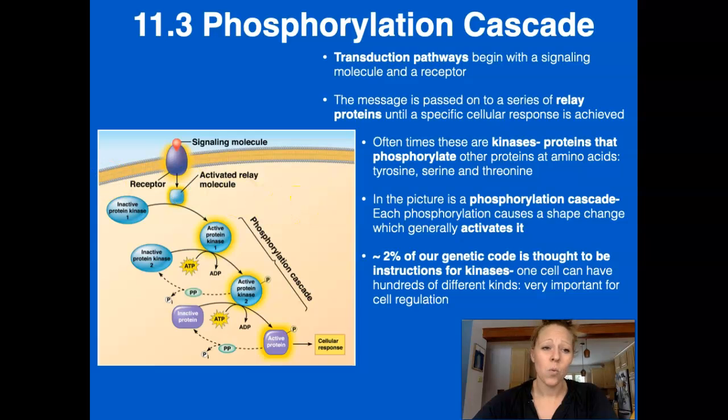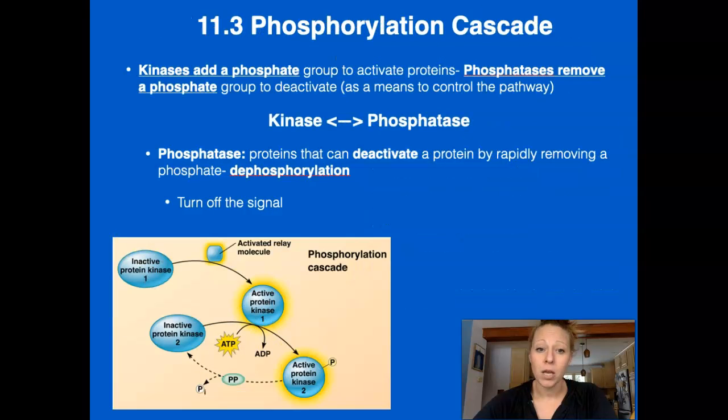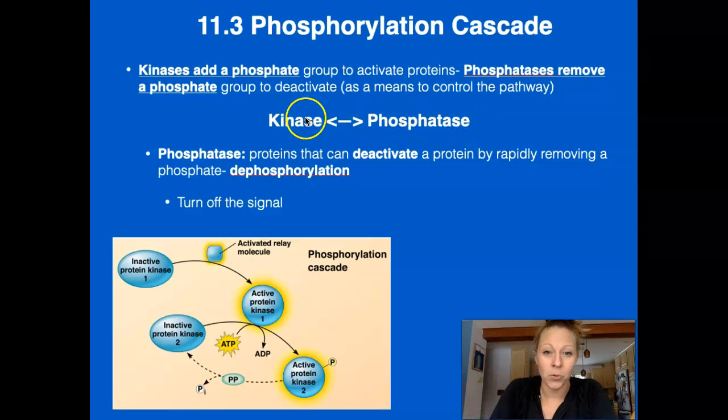Remember that when a message starts, it also has to be able to stop. The way that we stop a phosphorylation cascade is through a phosphatase. There's going to be lots of vocab in this section, so I tried to create this to help you keep the words separate. Our kinases, remember, are going to add phosphate groups. Our phosphatases are going to remove phosphate groups.